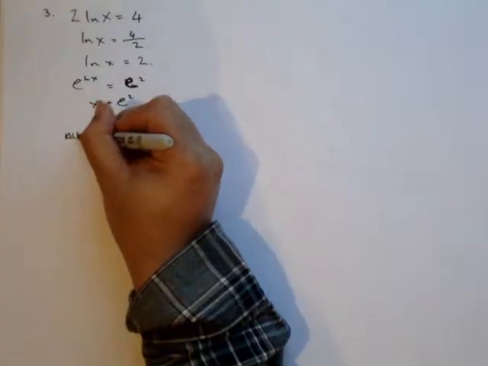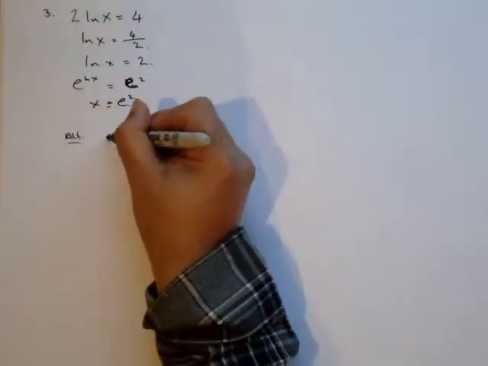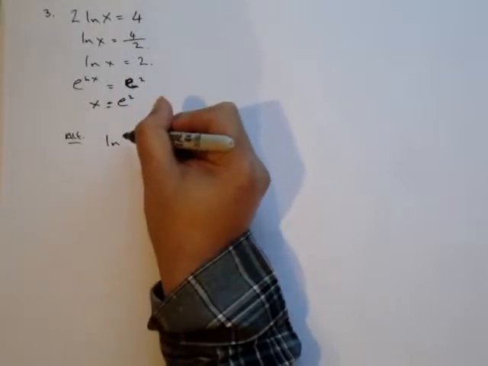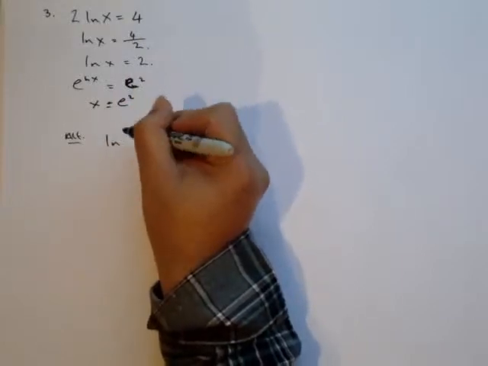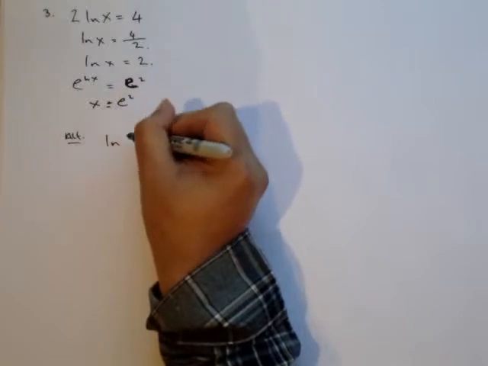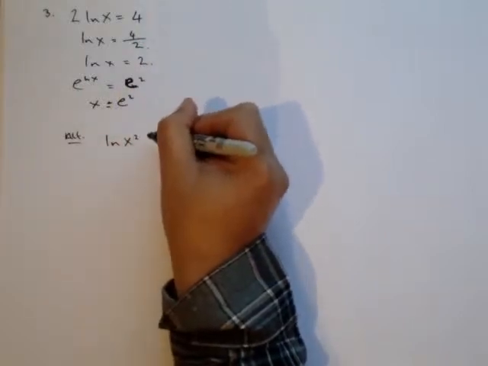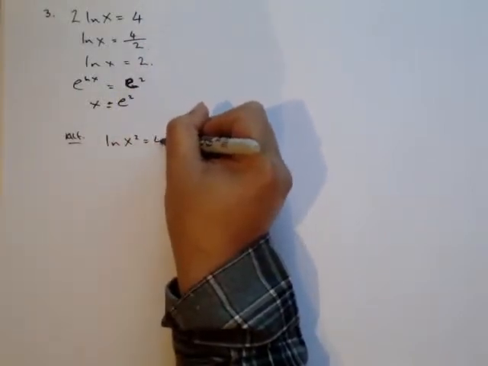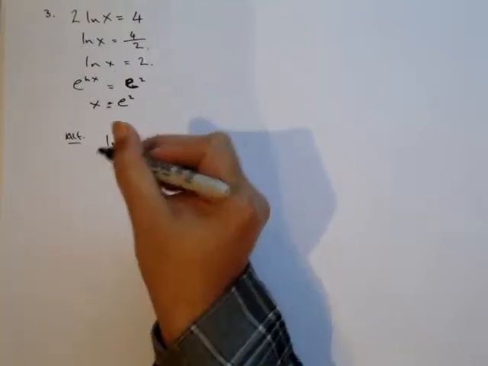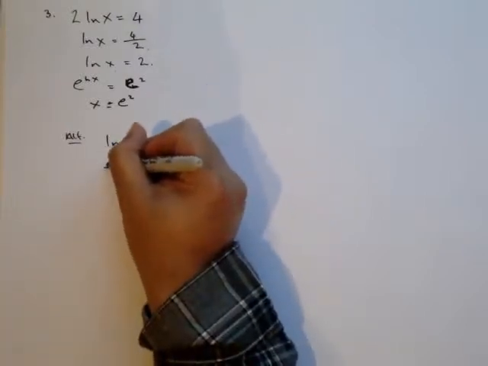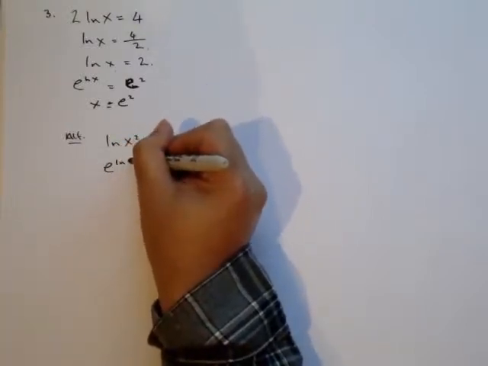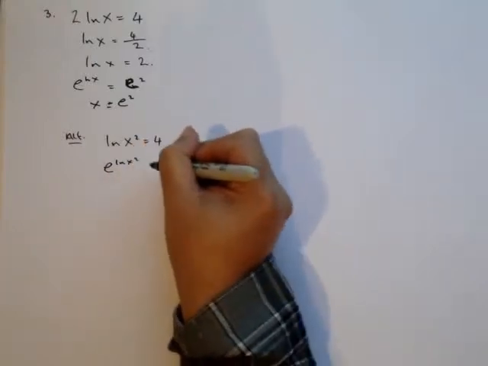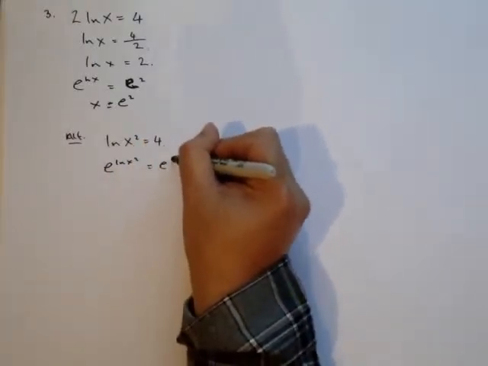Let's have an alternative. If we have natural log of x squared equals 4, then e to the natural log x squared equals e to the power 4.